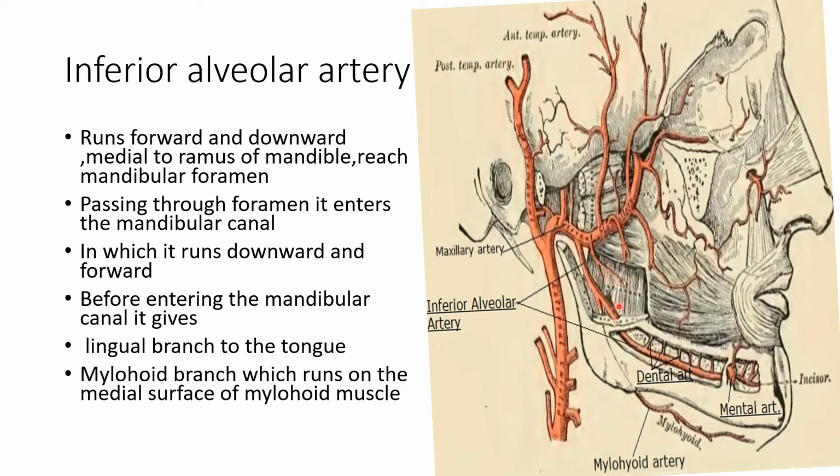From the foramen it runs into the mandibular canal, and is going to supply this whole part, the teeth, and the lingual branch is also supplying the tongue, and this mylohyoid branch is supplying the mylohyoid muscle. And here is the mental foramen, and from it the mental branch is coming, which is supplying the portion of the chin.